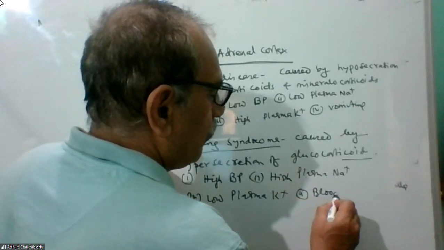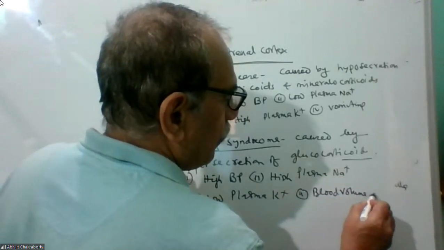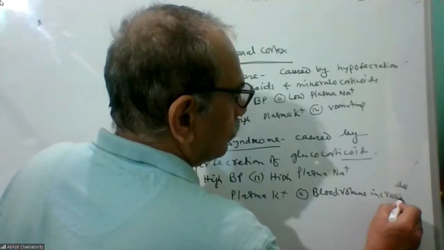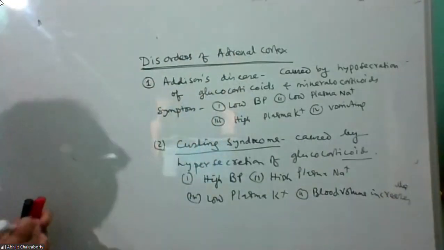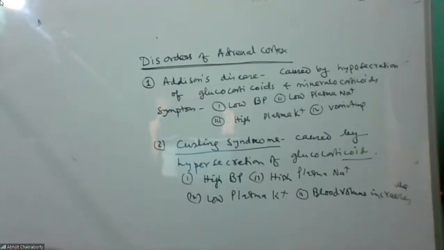Blood volume increases. So these are the symptoms of Cushing syndrome. And the last one is adrenal virilism.